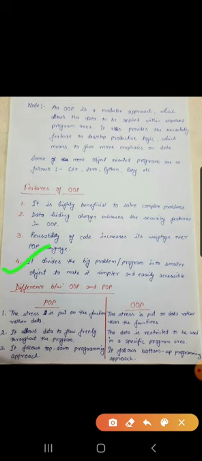or program into smaller objects to make it simpler and easily accessible. Suppose you are having a very big problem, a very big program in front of you, then by using object oriented programming you just make it half, or you can make a group.